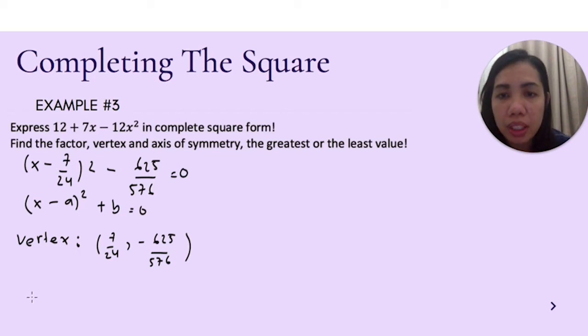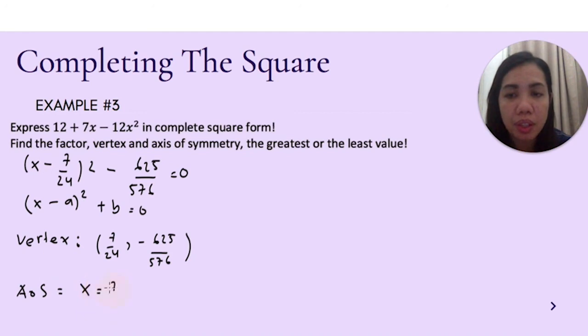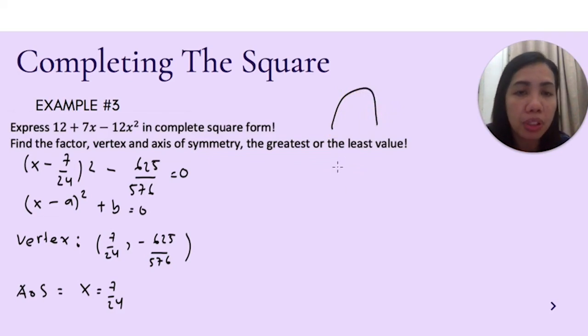And how about the axis of symmetry? Axis of symmetry is the x coordinate of the vertex, which is x equals 7 on 24. And then for the greatest or the least value, okay, look at this. This is the value of a equals minus 12. If a is a negative number, then we have an open downward parabola, then we'll have the greatest value.